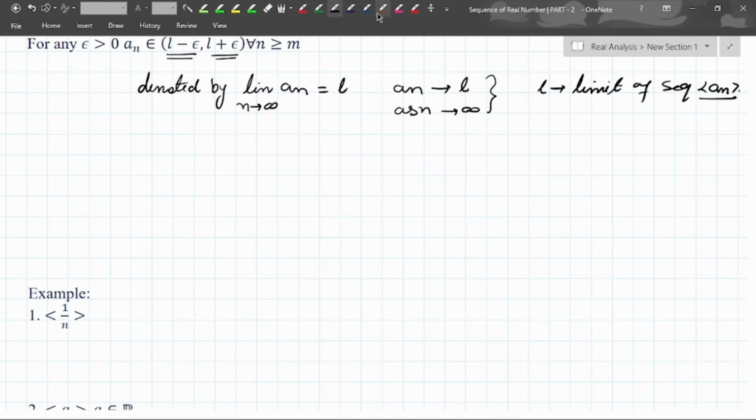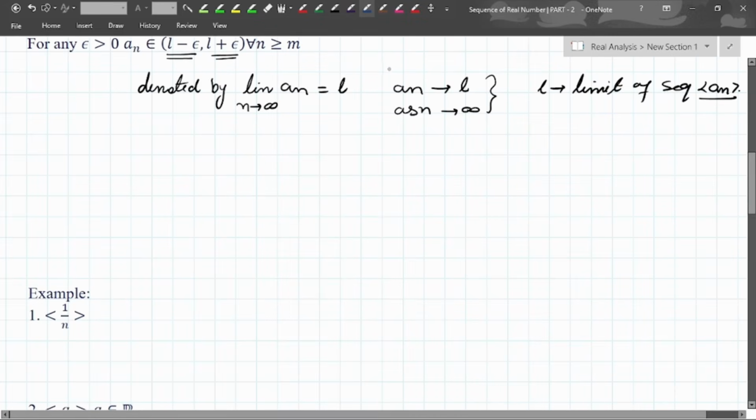But it is not necessary that every limit point is a limit of the sequence.